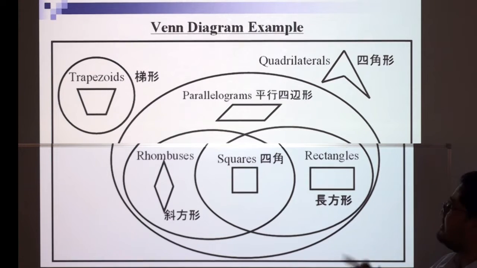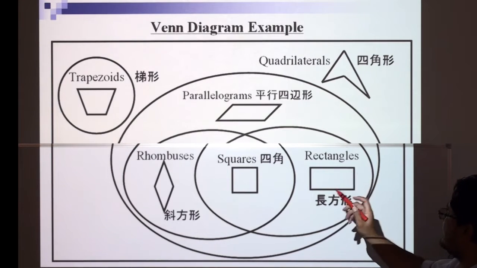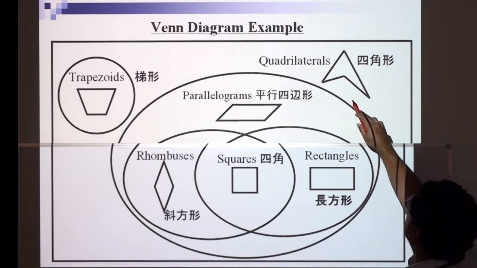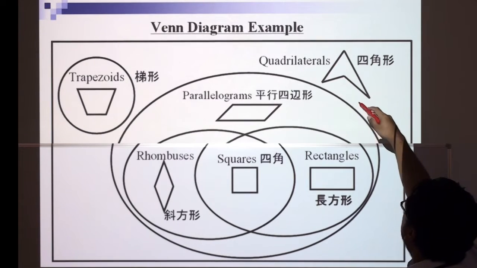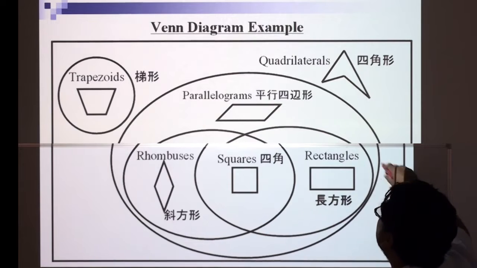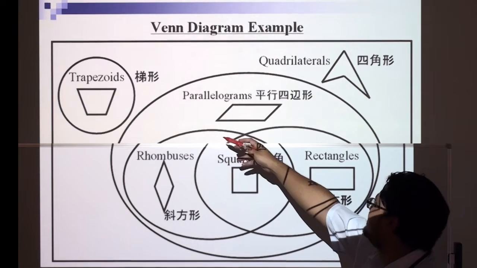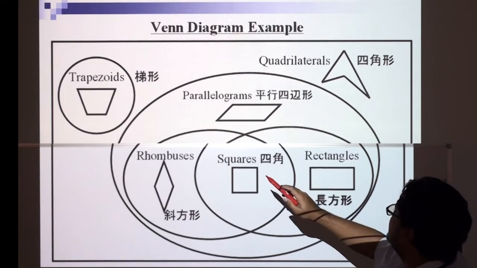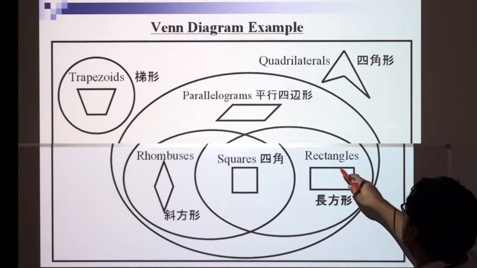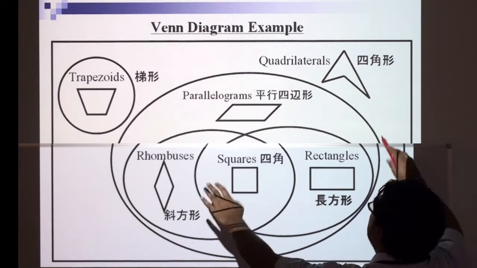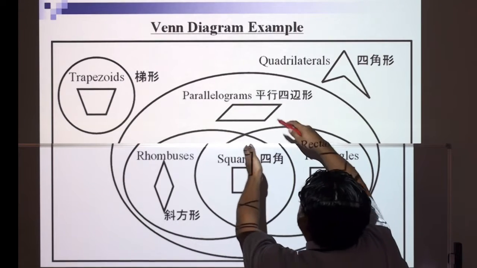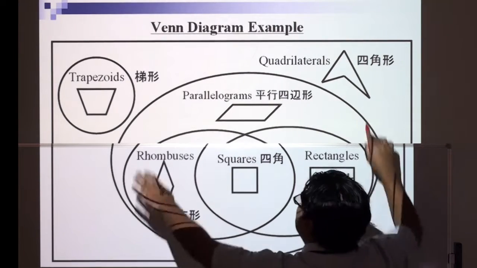Okay, so here we have an example of a Venn diagram. Quadrilaterals is the main set we have here. Under quadrilaterals, we have trapezoids or trapeziums, parallelograms, rhombuses, squares, and rectangles. Notice that quadrilaterals are on the outside and parallelograms are inside the quadrilateral box.